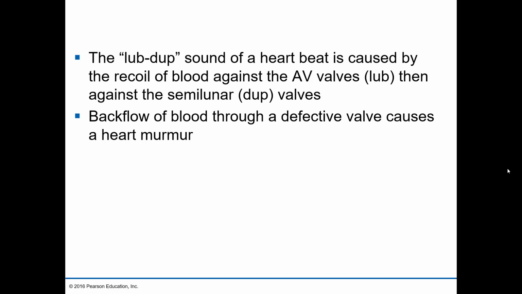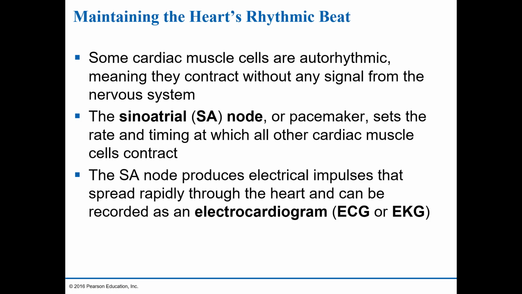The sound that the heartbeat makes is the recoil of the blood against those valves, and so they call it a lub dub. And when the doctor checks your heart with the stethoscope, they're listening for that to determine that your valves are acting properly. And when you get backflow, when you get a defective valve, that causes a heart murmur, so it makes a noise that isn't the ba-boom, ba-boom, ba-boom that we should be hearing.